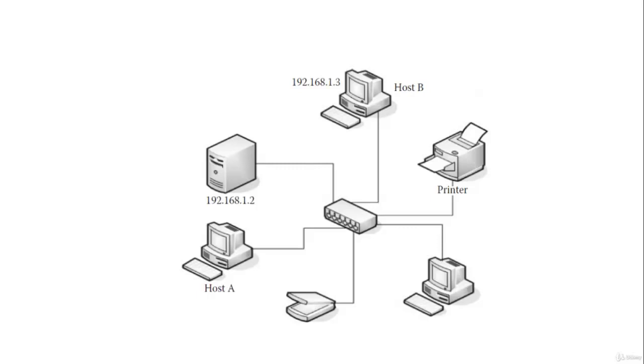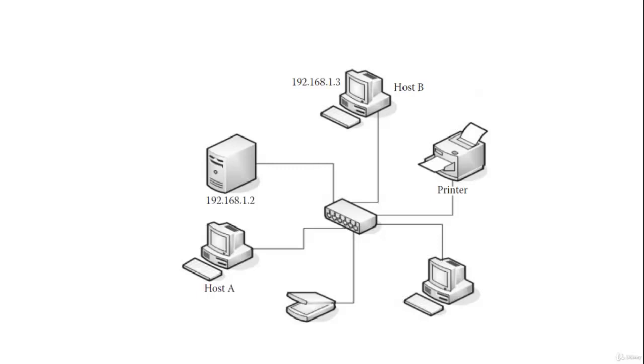In this figure, host A with an IP 192.168.1.2 would like to communicate with host B with an IP 192.168.1.3.